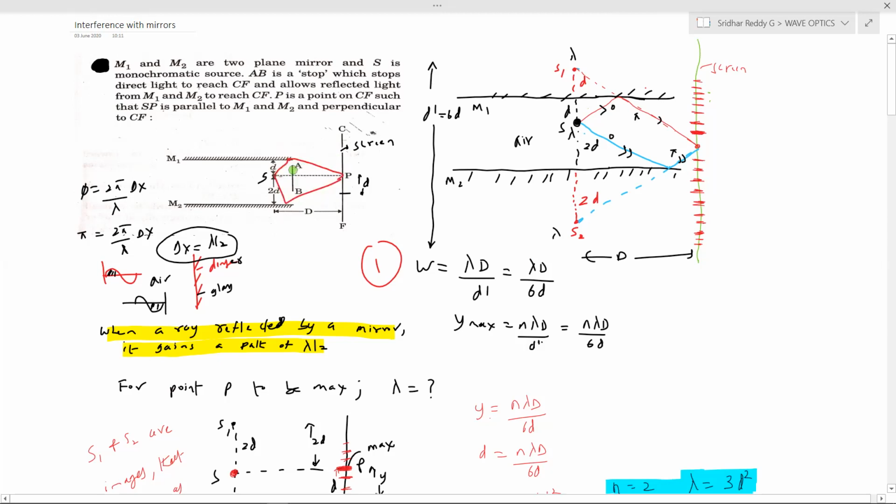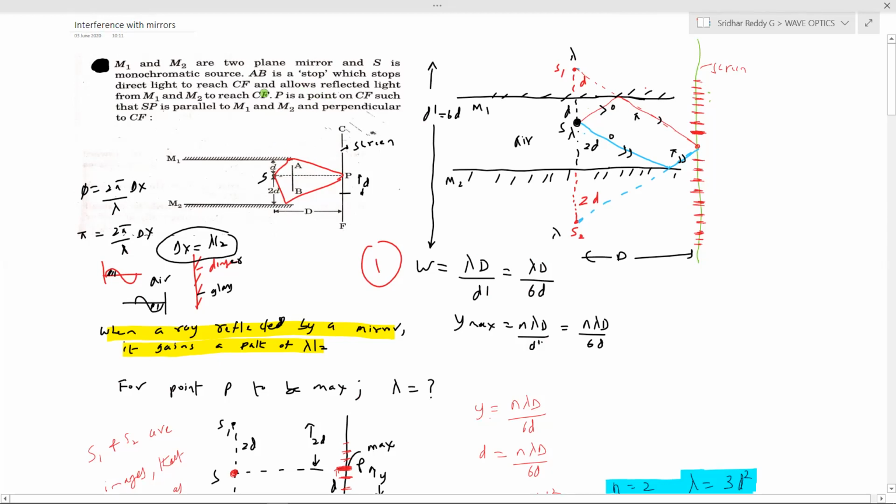So what this AB will do, it will not permit the direct light to be incident on the screen. It's like some opaque screen which will block the direct light reaching the screen.